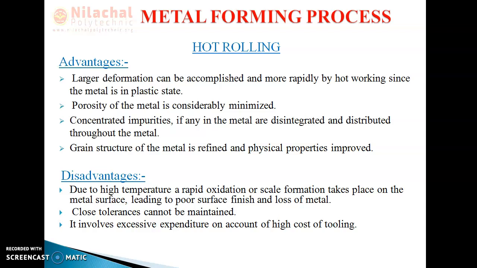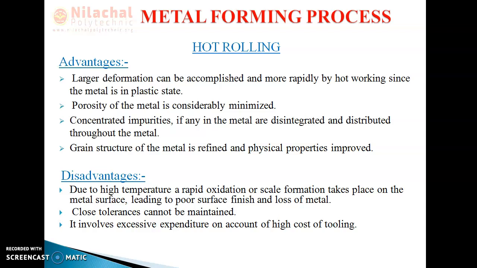Due to high temperature, rapid oxidation or scale formation takes place on the metal surface, leading to poor surface finish and loss of metal. This is a disadvantage. Number 2, close tolerance cannot be maintained. That means close tolerance cannot be maintained in hot rolling because the metal is in a ductile state.